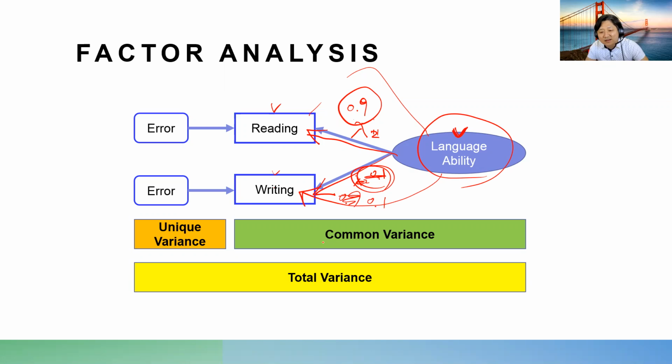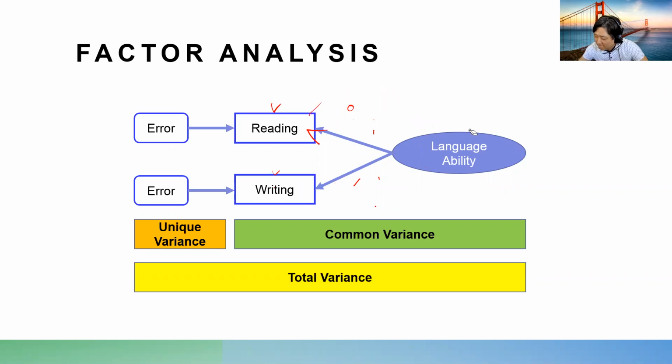So these two are not related to each other. So this is the factor loading. Again, factor loading is the covariance or correlation between the common factor and the observed variable. This is what we want, a true relationship between these two variables.